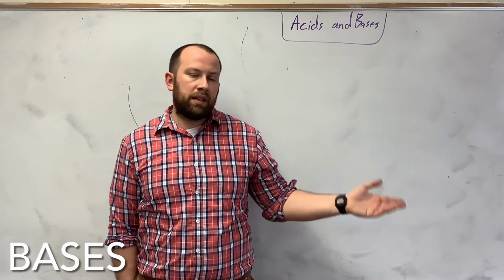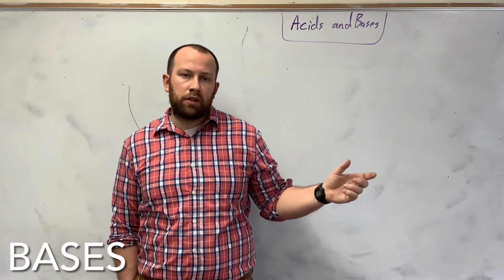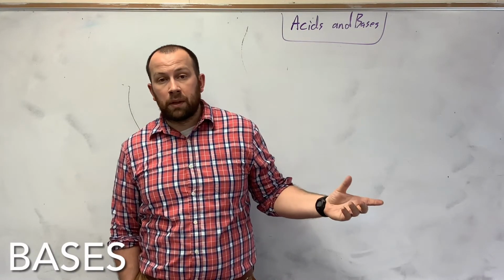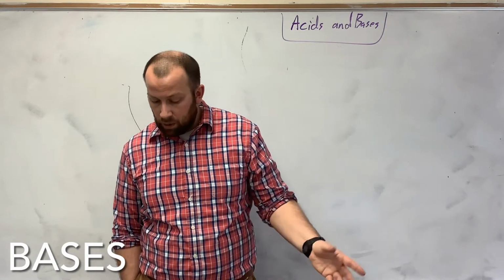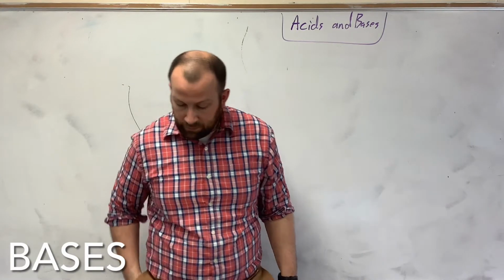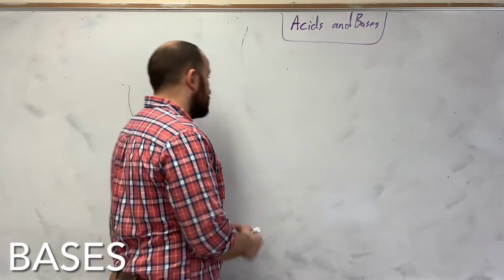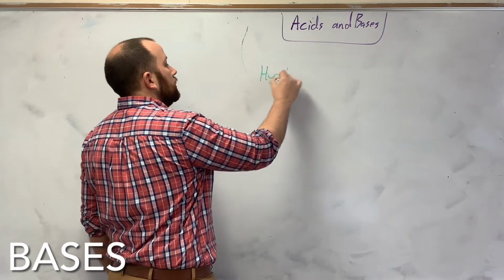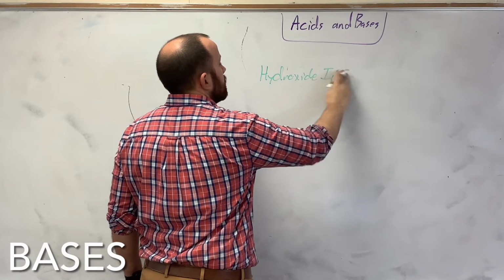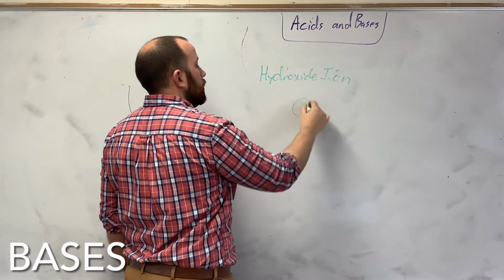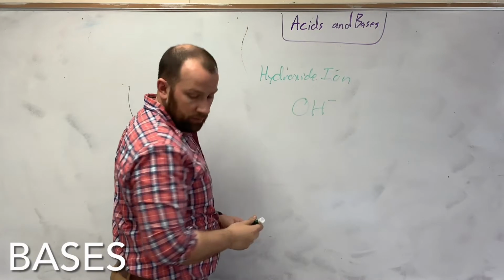So with acids, it loses the hydrogen ion and forms a hydronium ion. With a base, it can either be formed when dissolved in water or it could already have one attached to it. A hydroxide ion is written as OH negative.